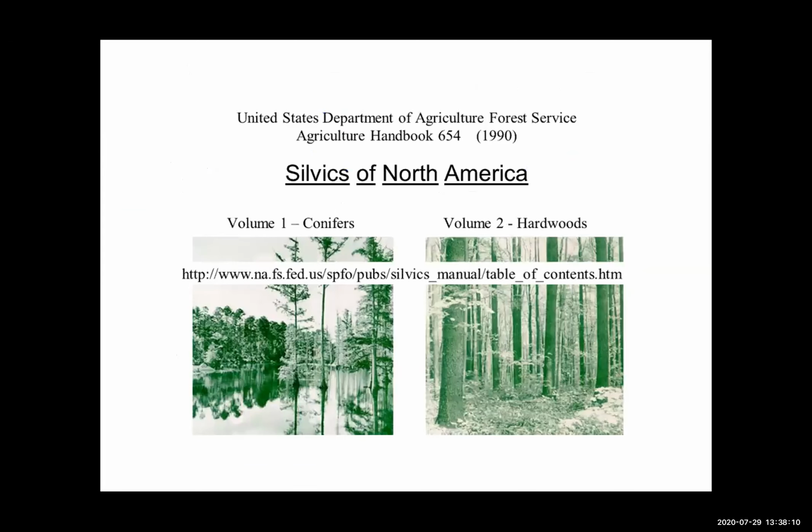One important tool that we're working on now, or we want to start working on, is the Silvics of North America. This is probably the most important tool that we have as ecologists and foresters, because it includes hundreds of species across the United States and parts of Canada that tell us how we should manage these trees.